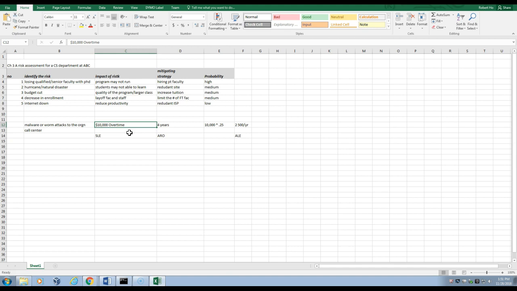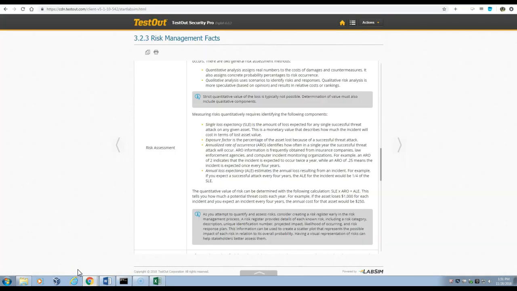Also, we may need to hire a consultant to help resolve the problem sooner. Okay, so this is called SLE. SLE is the amount of loss expected for any single successful threat attack on any given asset or organization.